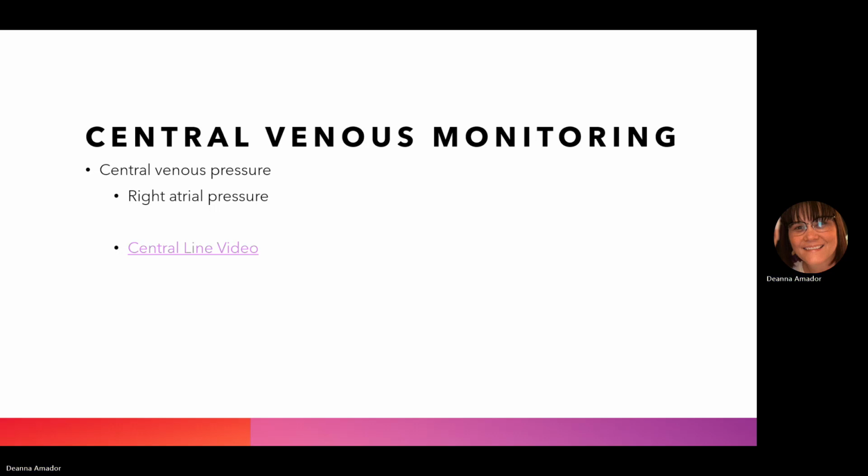So a normal CVP would be 2 to 6. A CVP is the measurement of your preload, which I talked about earlier. If we wanted to know if somebody had high preload, we would do that by monitoring their CVP, or their central venous pressure. That tells me my preload.